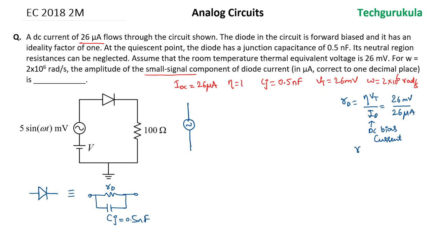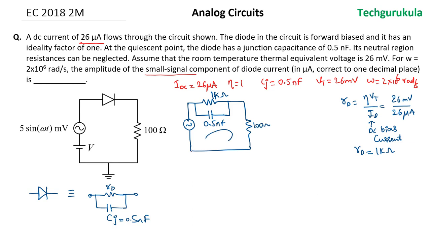So we have RD is equal to 1 kilo ohm. So we can take the equivalent circuit of the diode to be 1 kilo ohm in parallel with a capacitor of 0.5 nanofarad and a 100 ohm resistor here.